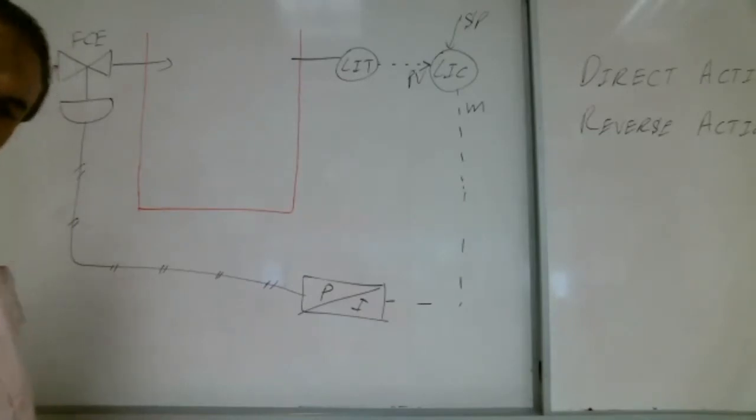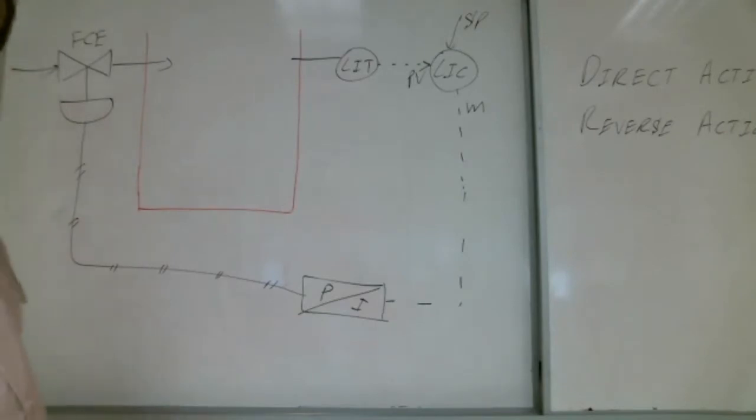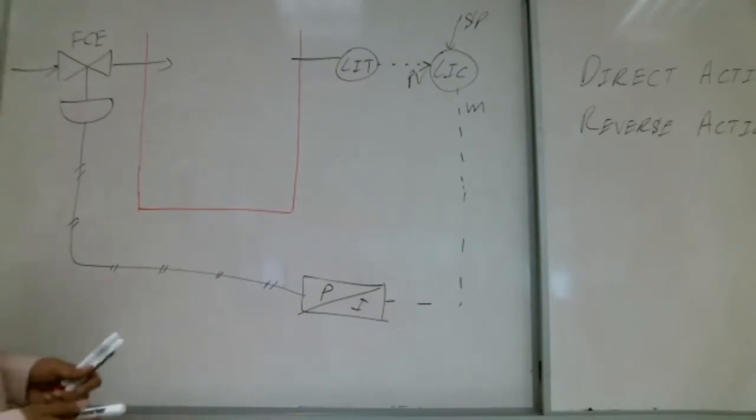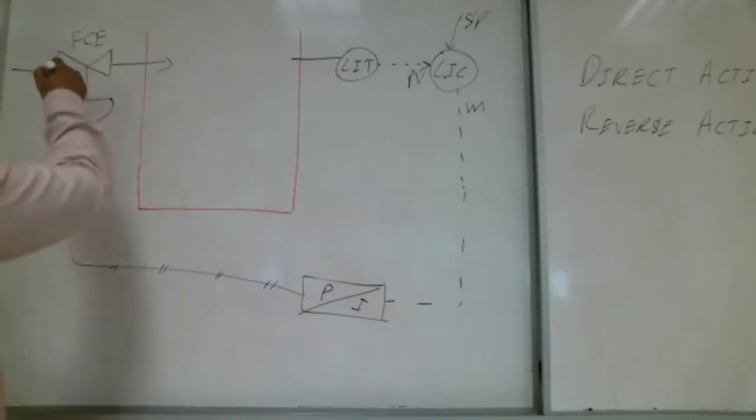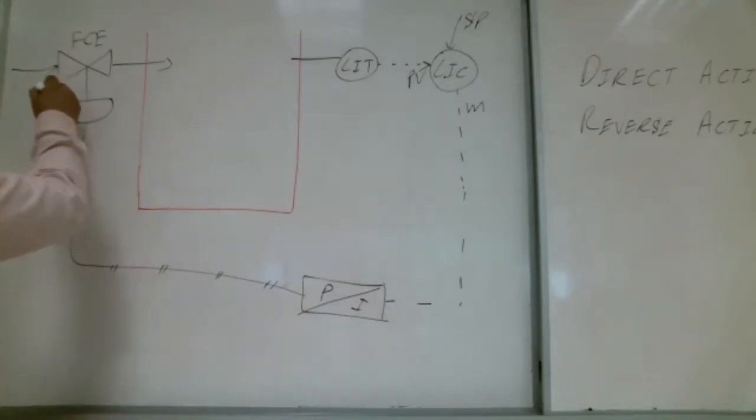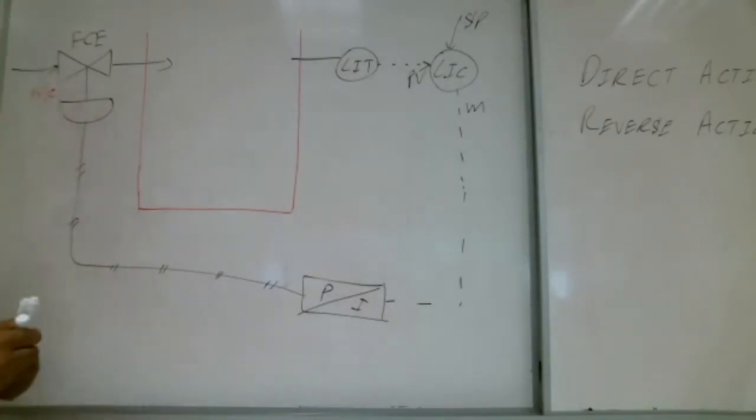Normally closed. If it is normally open, it will make everything dirty, right? So we need to mention the type of the valve. What is the type of the valve here, Shabab? Normally closed.